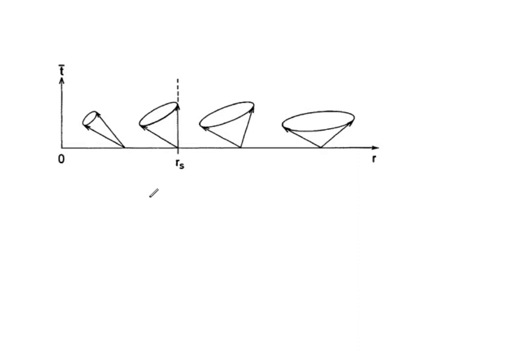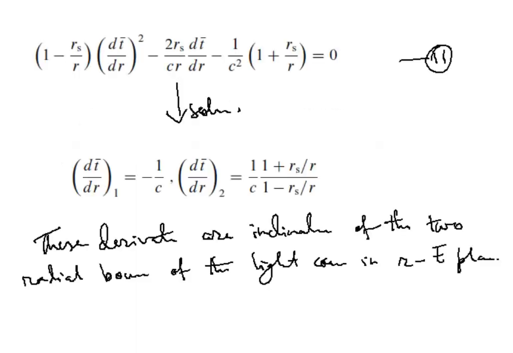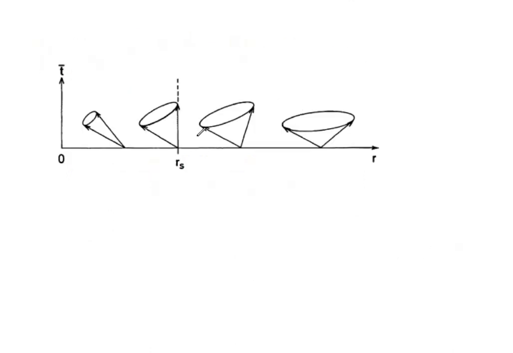As I have been telling you, these derivatives are inclinations of the two radial boundaries of the light cones in the RT prime plane.